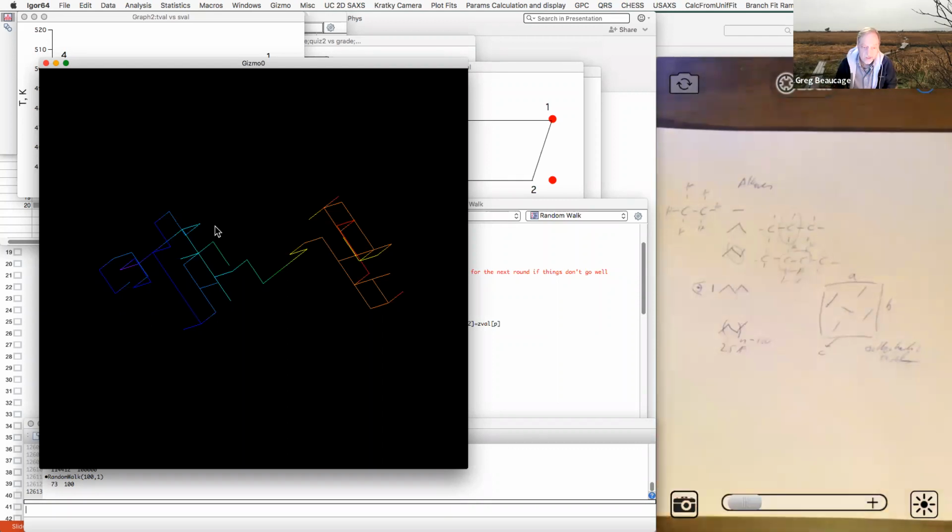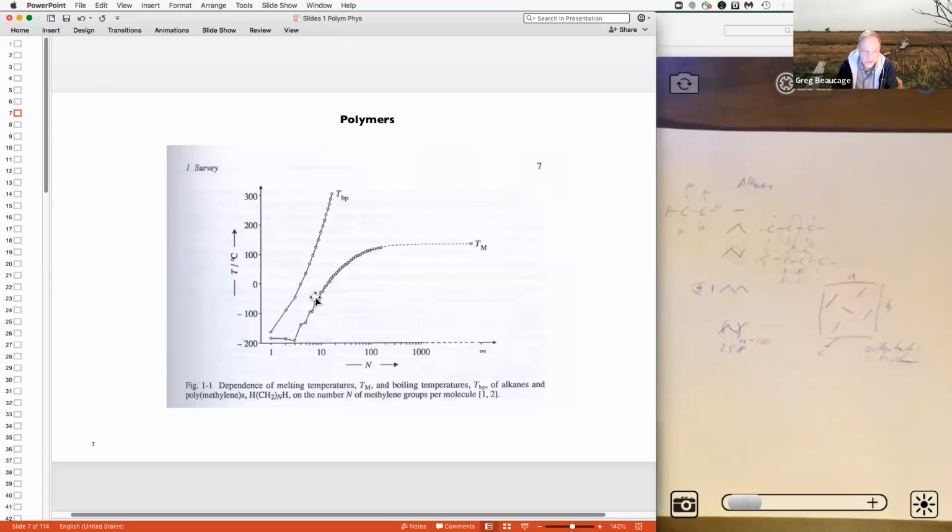So anyway, if you look at the melting point of these things, the alkanes, so here you have methane, ethane, propane, butane, pentane, hexane, heptane, octane, nonane, whatever.